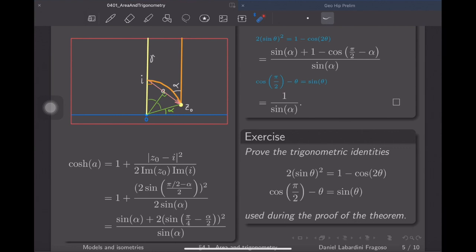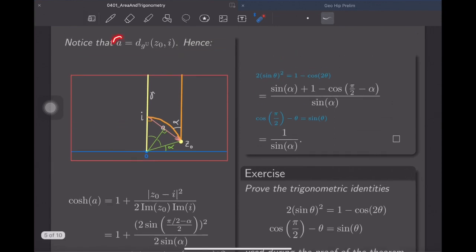First of all, the hyperbolic cosine of this distance, we saw, was given by a formula.